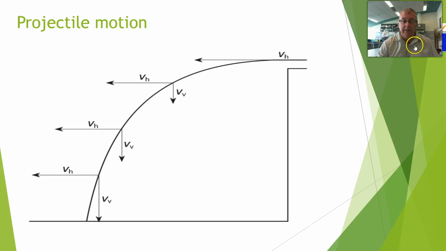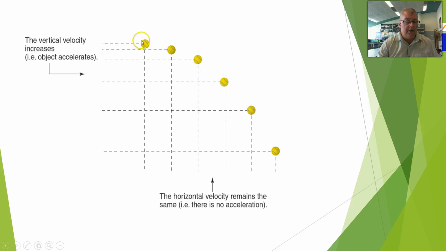But let's go through a couple other examples. And again, this is just another diagram going from left to right this time, and what it's showing is if this was a time lapse, you can see that in terms of the distance between these lines, this distance represents how far it has traveled horizontally, and between each time frame, which we're assuming to be equal, we are traveling the same distance.